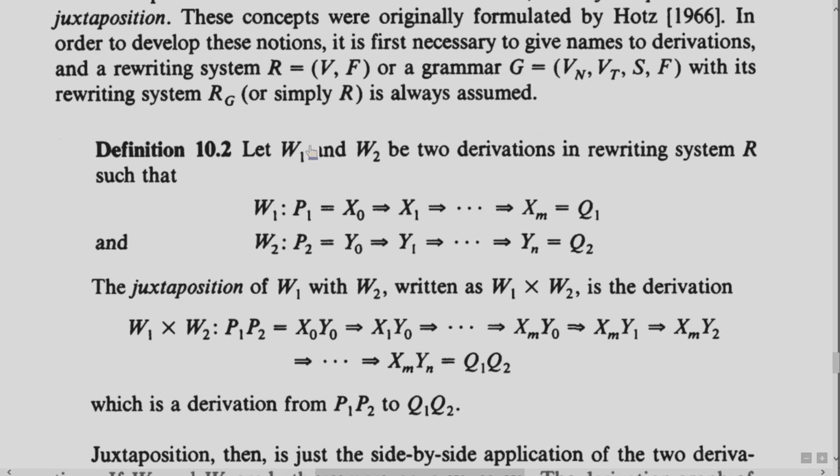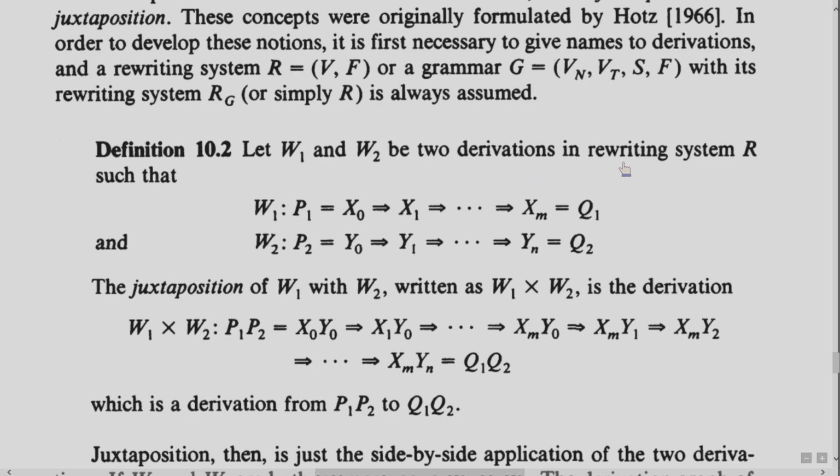Every derivation is indicated in the form of a word. Let's take W1 as a derivation, and similarly W2 is another derivation. So we can apply operations on these two derivations.